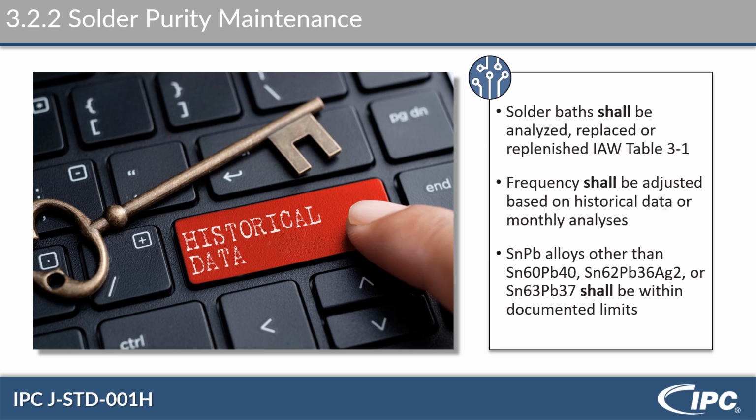For solder purity maintenance, solder baths shall be analyzed, replaced, or replenished in accordance with Table 31, and the frequency shall be adjusted based on historical data or monthly analyses. So if you have a solder bath, which is a way to do waveform, or maybe you're just dipping your parts in it to tin, and your solder gets kind of gross, with all of these little metallic bits floating in it that aren't the bright metallic bits, and you need to clean it once a month, that would be the frequency.